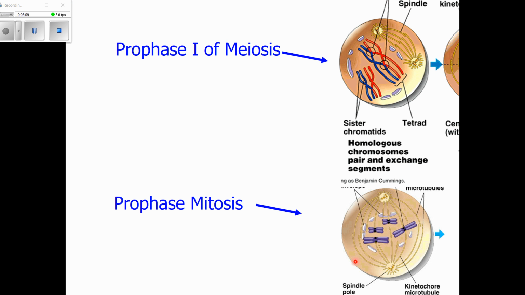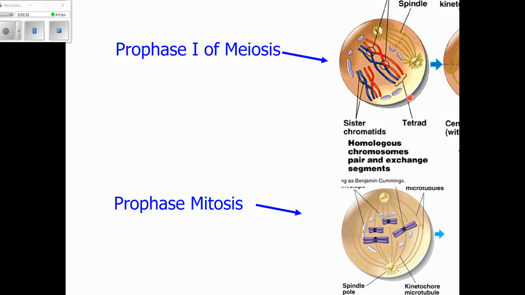So let's begin with prophase 1. You have to put a 1 beside it because remember, everything happens twice in meiosis. So prophase 1 of meiosis, this would be after G1, S, G2, and now it's ready. We're ready for meiosis to begin.